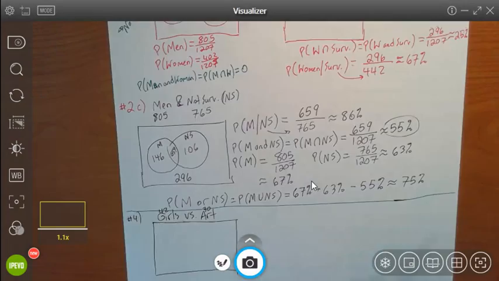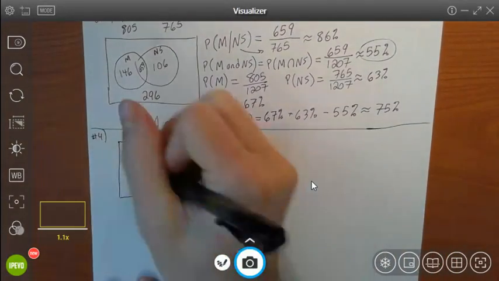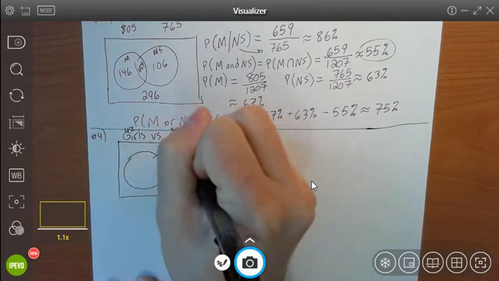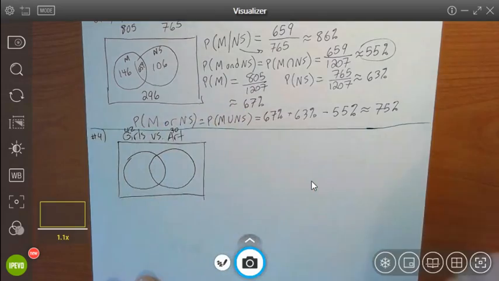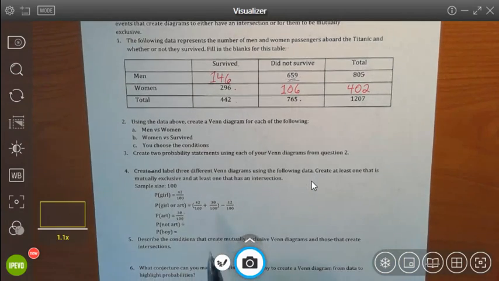And so we are looking at this, and we have one circle for girls and one circle for art. So we know from the front, if we flip back again, girls and art. So this is kind of like this one.